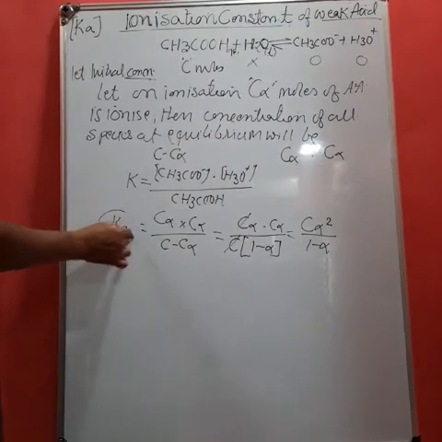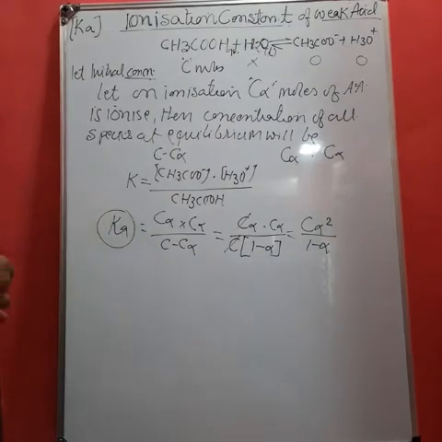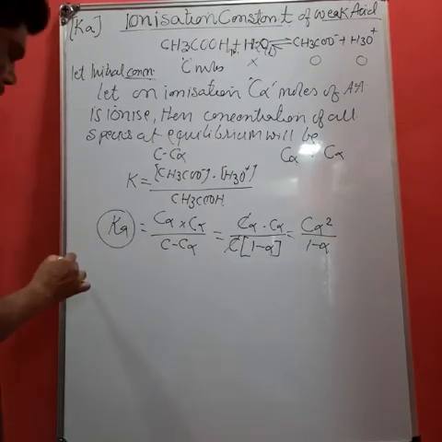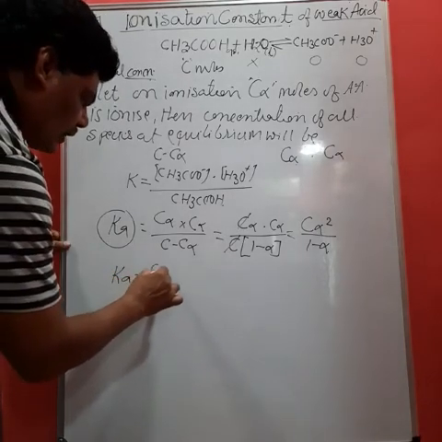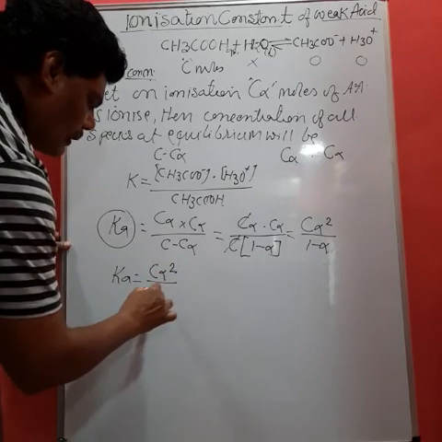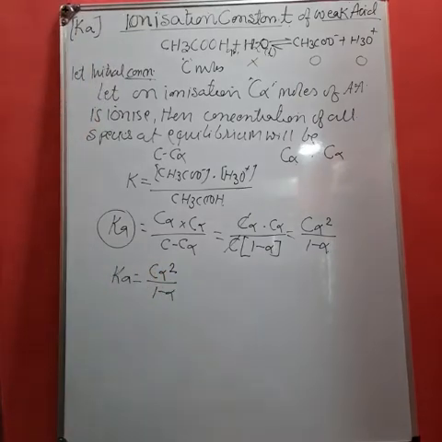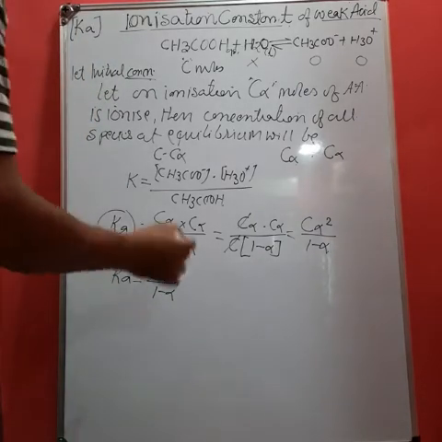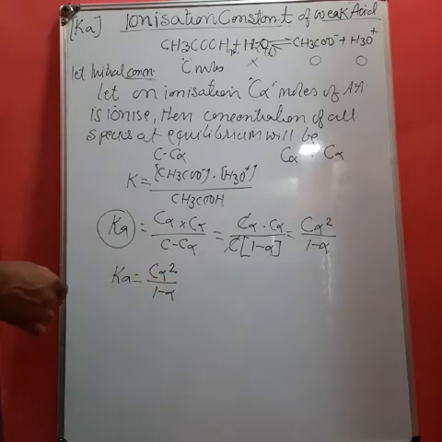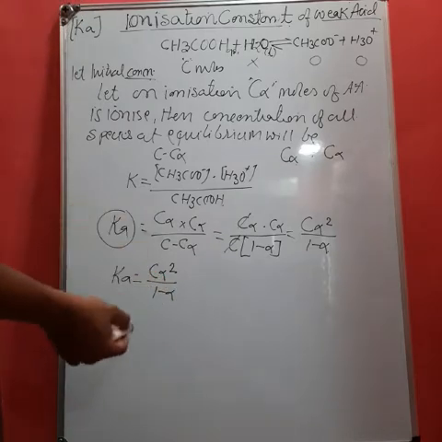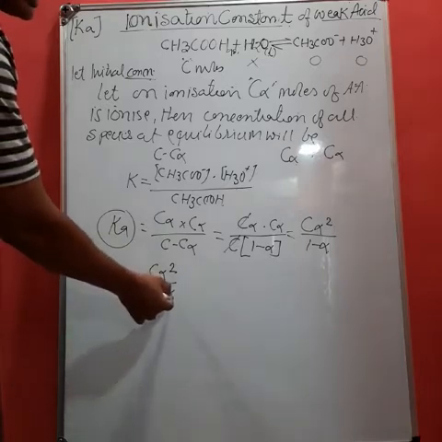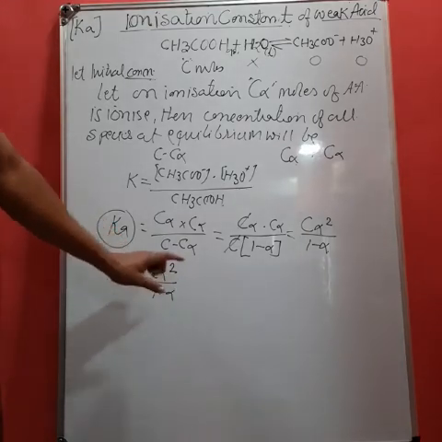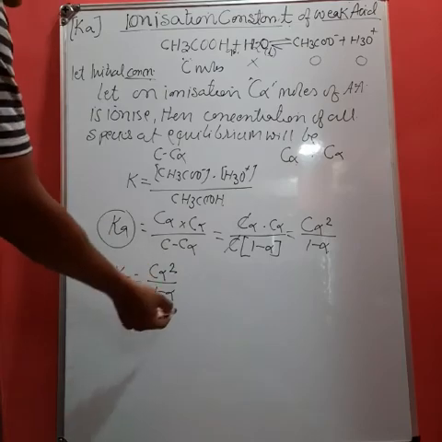So this Ka is called the ionization constant for weak acid. Overall Ka is equal to C alpha square upon 1 minus alpha. Student, if the degree of dissociation is very less, then we can even ignore the alpha value from the denominator.